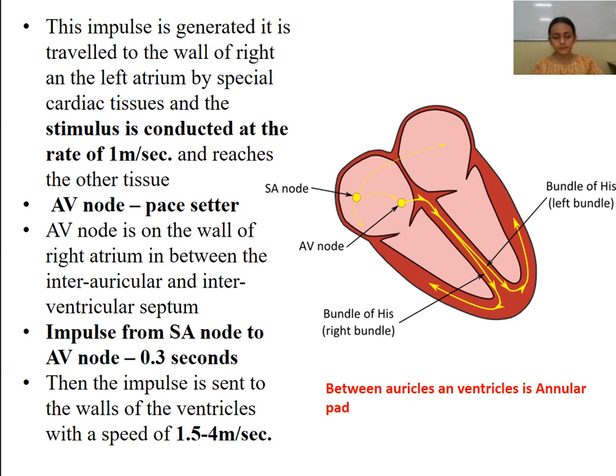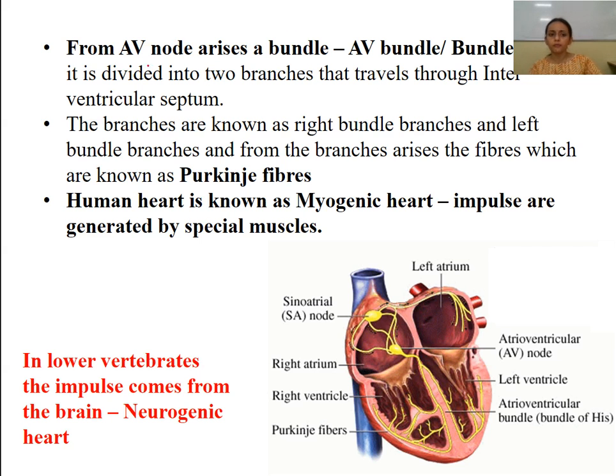the ventricles. So if you see this diagram, this is the right atrium, this is the left atrium. Okay, so this is the right side, this is the left side. This is the right ventricle, this is the left ventricle. So the impulse was generated here at the SA node, then it traveled to the AV node.